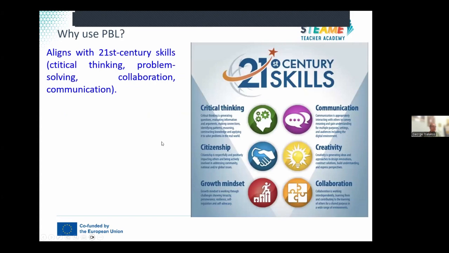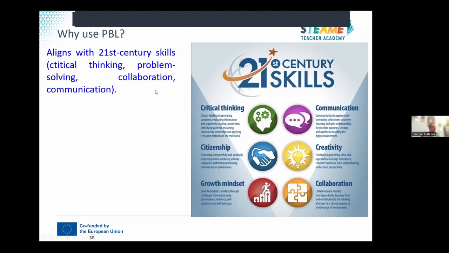Why we have to use project-based learning? Why we have to move from traditional teaching to project-based learning? Let's see some reasons to make this shift. This teaching approach aligns with 21st century skills like critical thinking, problem solving, collaboration, communication.